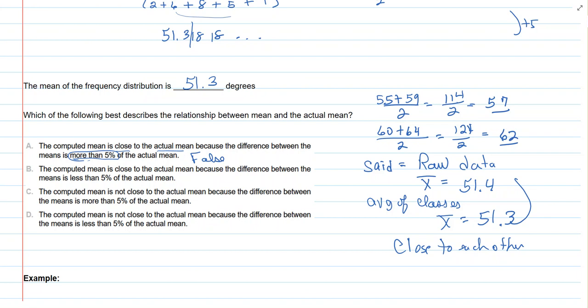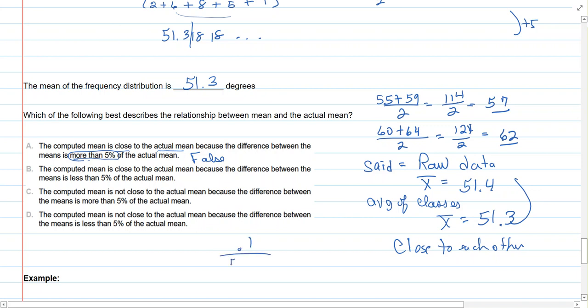So if we did the mean difference, we had 0.1 divided by 51.4, which is the actual, and that would give us something really, really small. It's really less than 5%.